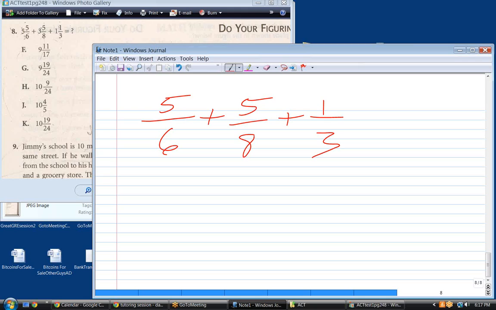So, in other words, if you were to try to do this on your graphing calculator, you're going to have a problem. It's going to give you an answer, but it's going to be a decimal, and we don't know which of these answers is going to represent that decimal. So, this is a perfect illustration of a problem we don't want to do on a calculator. The slow way is going to be on the calculator.